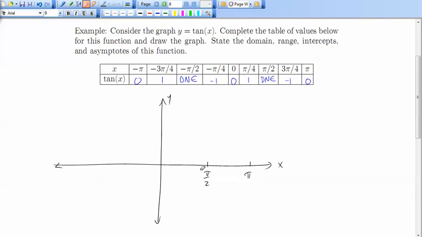Sorry, that's positive pi by 2. Put on some of my points here.